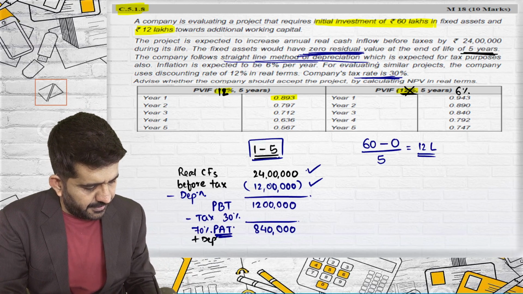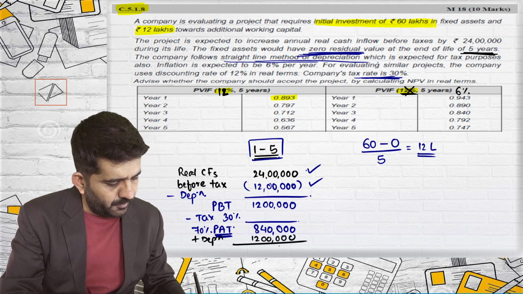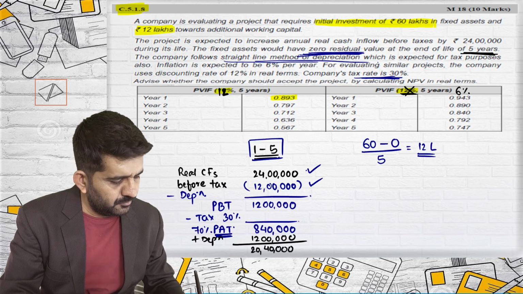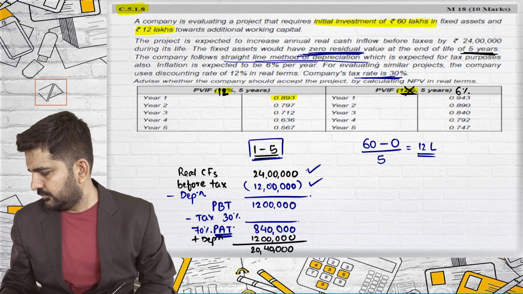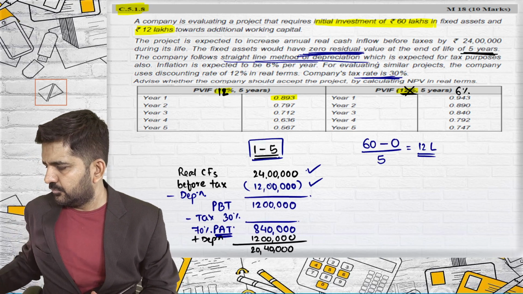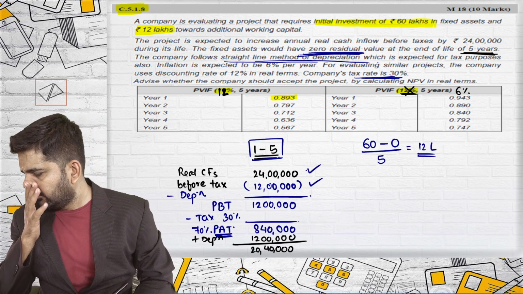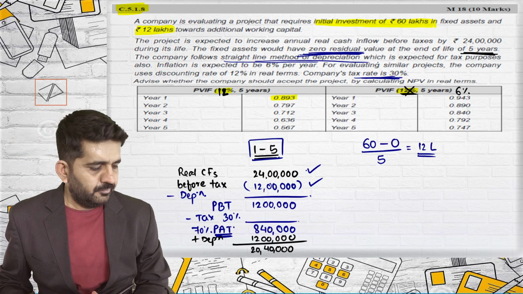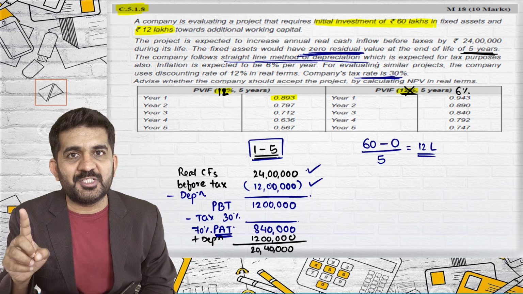Plus depreciation is 12 lakhs. 8,40,000 plus 12 lakhs is 20,40,000, sir, will be cash flow for first year.